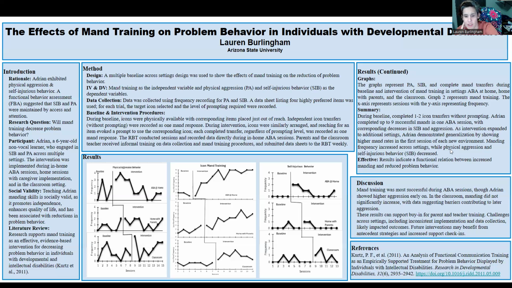However, we see a little bit of an increase, decrease, kind of inconsistency in the data. And as we fade out, or end where we're at right now, we're at the same level of frequency with requests.